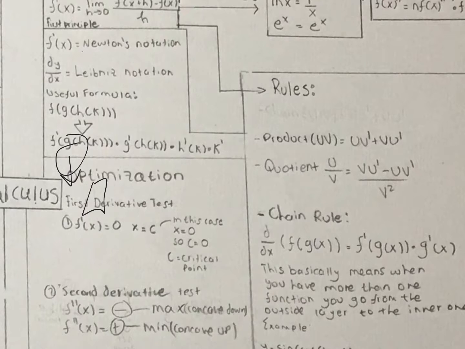Then you derive the g, which is the second most outermost function, if I make myself clear. So derive that and keep the inner part the same. Then derive the other inner part, which would be h, and then finally derive k. So this rule just tells us basically to derive from the outside to the inside.